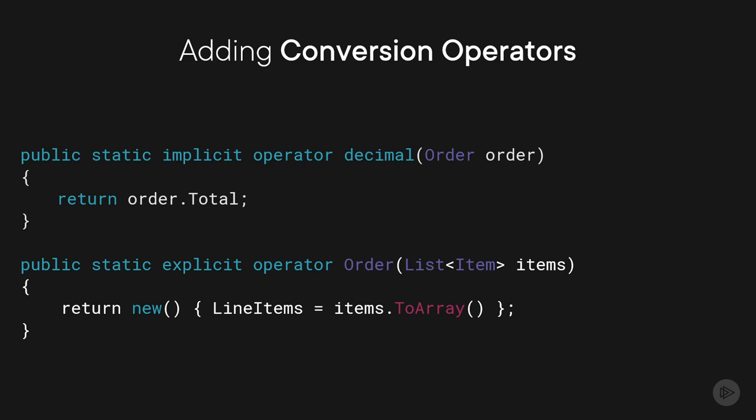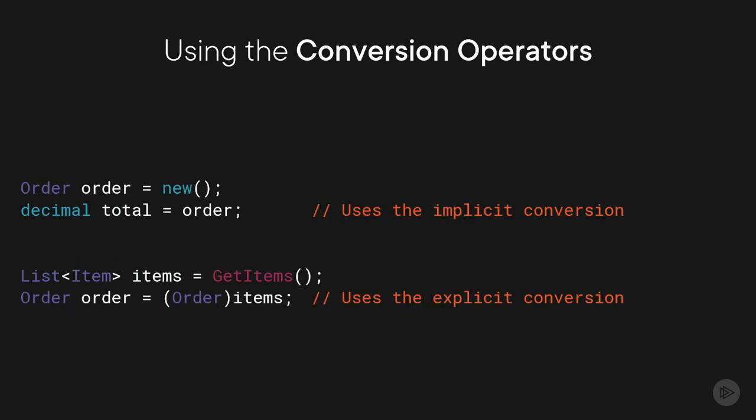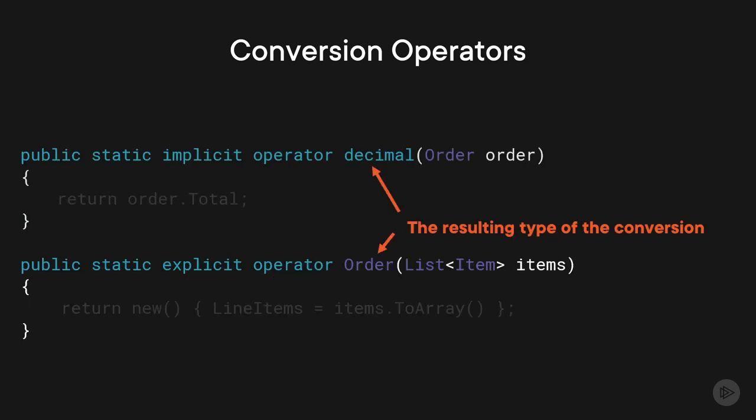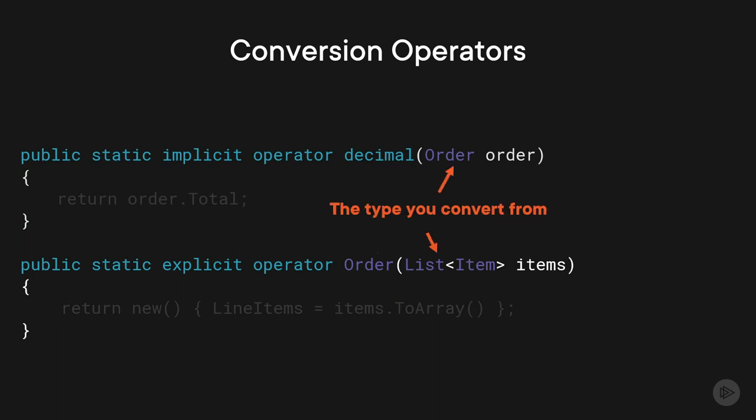The only difference between using these two keywords is what we've just talked about. One will be used for implicit conversions, and you guessed it, the other one is used where you perform an explicit conversion. Instead of the operator, you declare the type that you want to convert to, and the parameter is the type that you convert from.